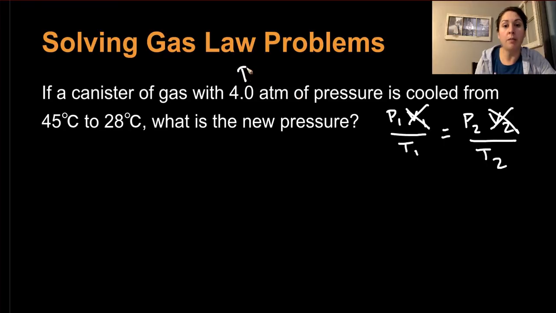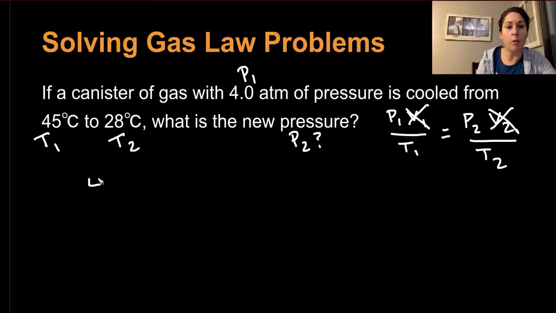Now I know this is my P1 because that's what I'm starting with, and it says what's my new pressure? P2 is what we want to know. We're going to start off with 45 degrees Celsius, so that's T1. We have to make that into Kelvin. And then our T2 is, we're cooling it down to 28 degrees Celsius. So I'm going to plug these numbers in.